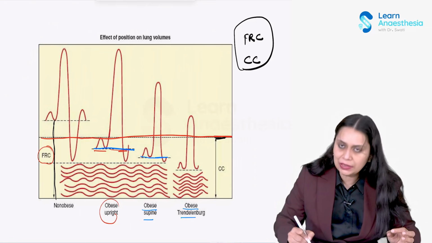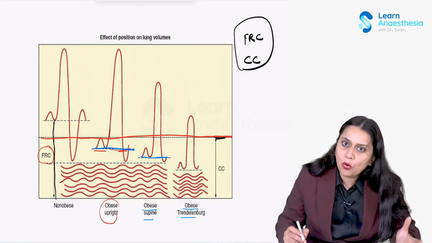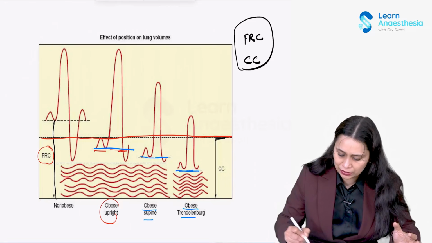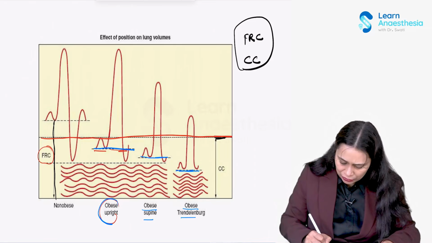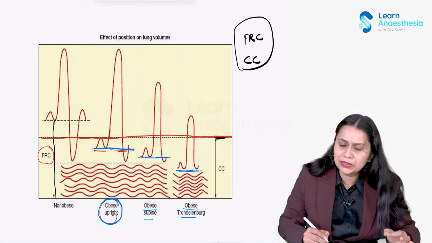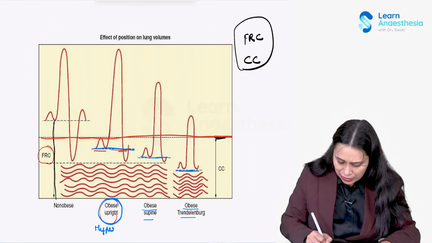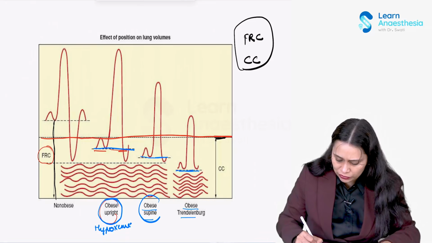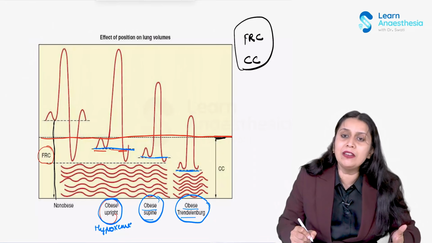And in obese in Trendelenburg position, the FRC reduces even more and goes further below the closing capacity, so there is more risk of ventilation perfusion mismatch. Even in obese upright patients, the FRC is below the closing capacity, so there is hypoxemia at room air. But when the obese patient goes supine, and furthermore into Trendelenburg position, the risk increases even more.